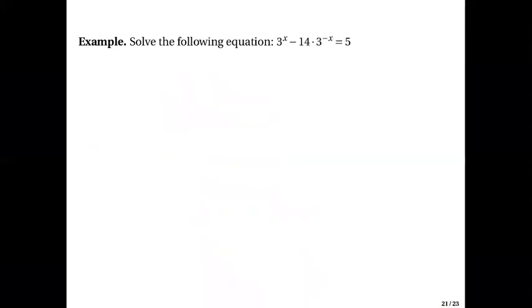For my last example, you have here 3 to the x minus 14 times 3 to the minus x equals 5. For this type of equation, you have the same base, 3 to the x, and then here you have 3 to the minus x. If you have something like this, with a negative exponent, try to remove that negative exponent.